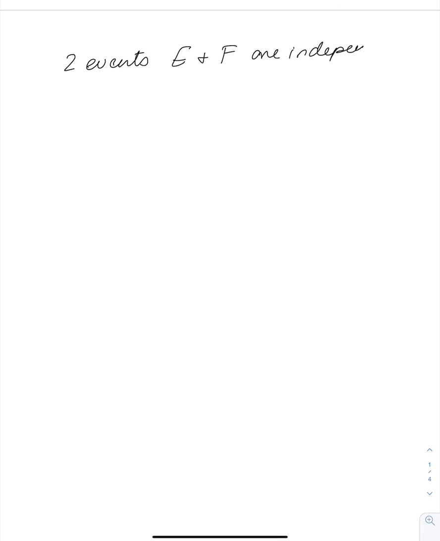You say two events E and F are independent when the probability of the intersection is the product of the probabilities, right? So we can talk about independence of events.